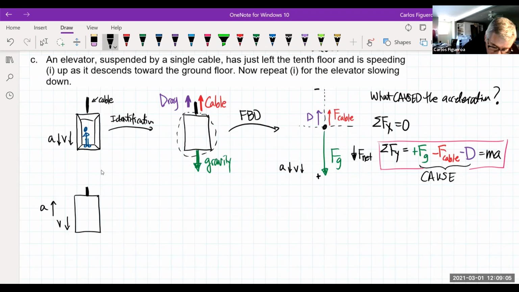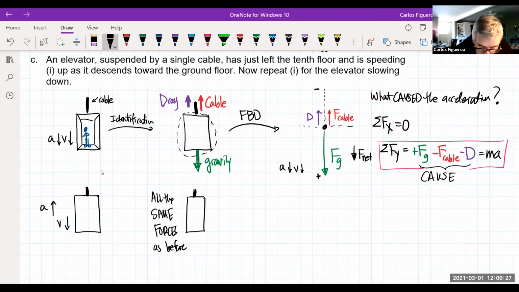Since we've already done this once, we could move a little bit faster here. You're seeing that you have all the same forces as before. But there's something different.